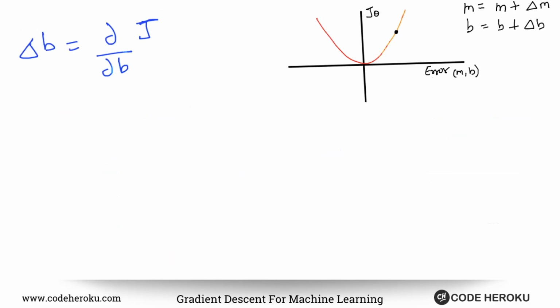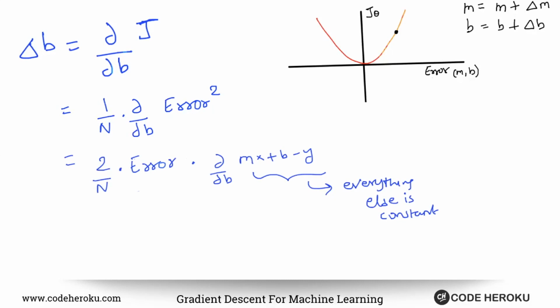This is how you would work it out. You would start off with the same thing. Now this time you're going to take the partial derivative with respect to b instead of m. You're going to say error square. Now the only thing over here which is not constant is b.